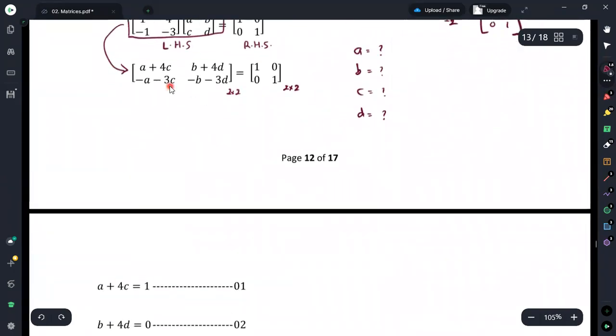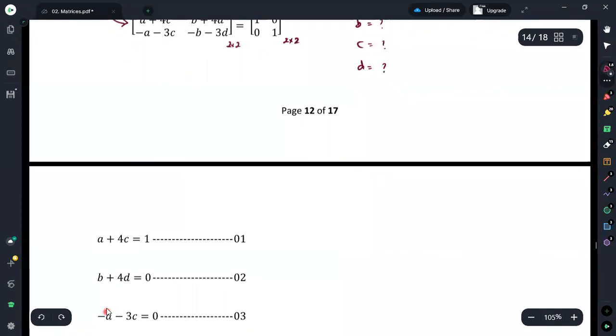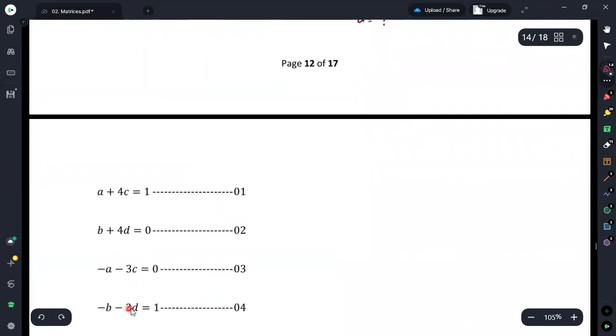By equating the corresponding elements, we will get a plus 4c equals 1. It is the first equation that I have prepared. Then b plus 4d equals 0. It is the second equation. In a similar manner, I have used minus a minus 3c equals 0, then minus b minus 3d equals 1.